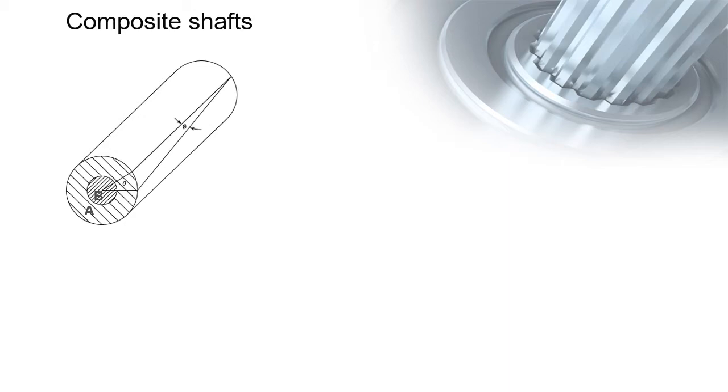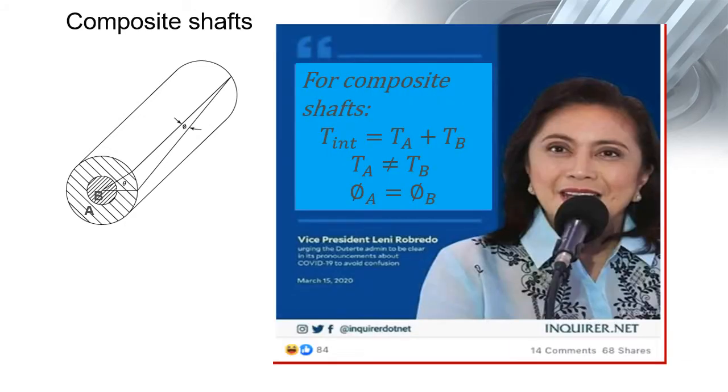When we write that in equation form, for composite shafts, the internal torque is shared between the two materials. Hence, T internal is equal to TA plus TB. And as I've said earlier, the angle of twists for both materials are equal. Hence, phi sub A is equal to phi sub B.